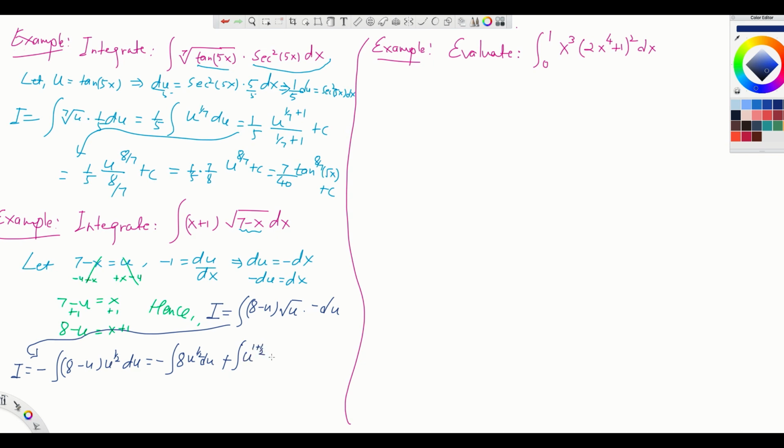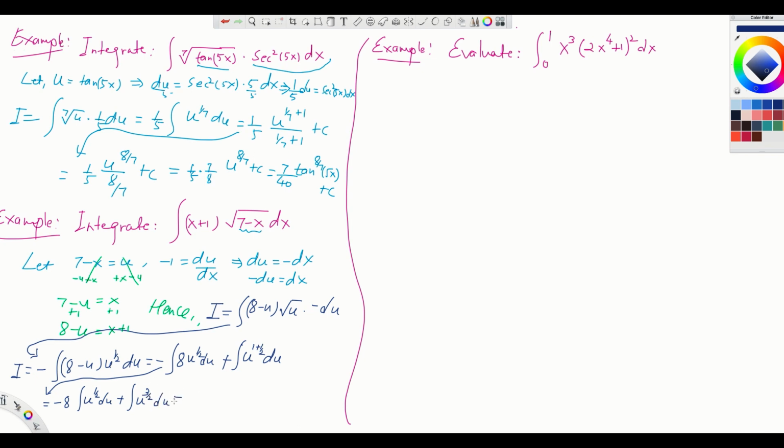That is 3/2, right? du. You see that? Now let me write here. This equals negative 8 integral of u to the 1/2 du plus integral of u to the 3/2 du.